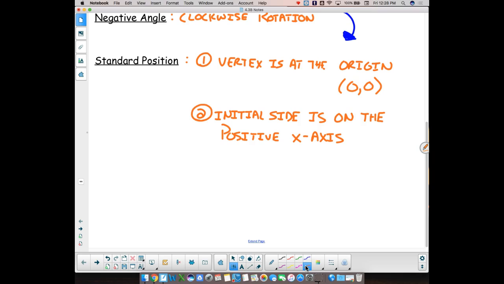When in doubt, think of the unit circle. The unit circle is centered at the origin, and the initial side for all of our angles is the zero angle, which is straight out to the right along the positive x-axis. From there, all of our angles are measured.